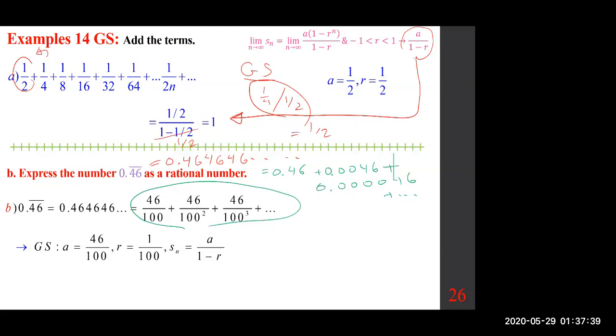So a is 46 over 100. r is 1 over 100. Remember, you multiply the first one by 1 over 100, you get to the second one, and you keep on repeating. The top number is 46 over 100. The bottom is 1 minus 1 over 100.